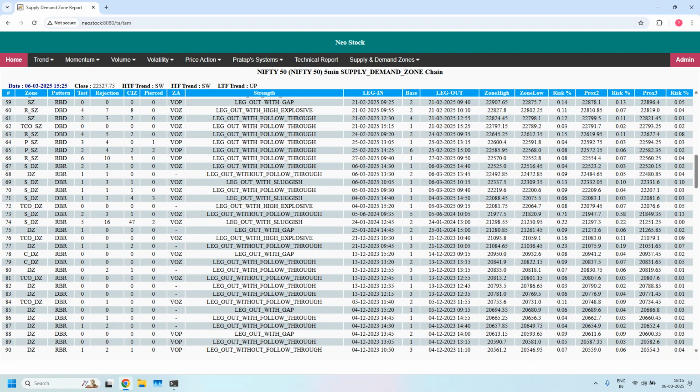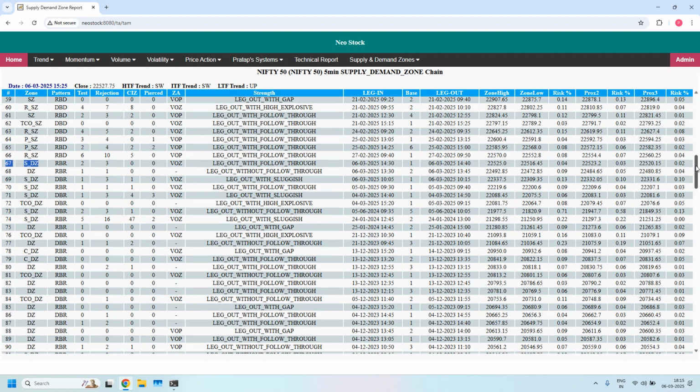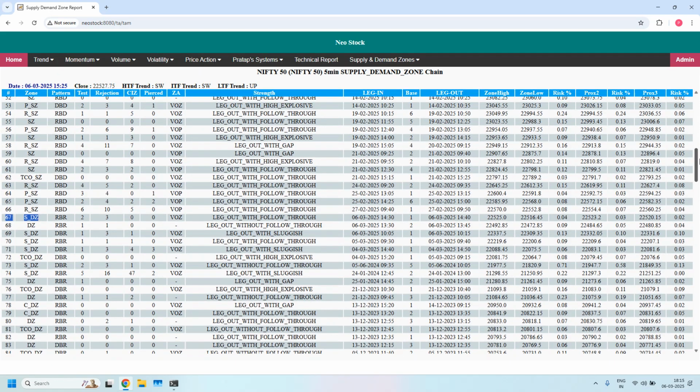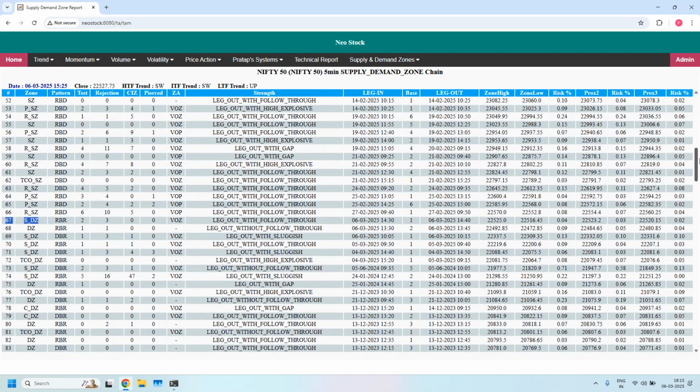Here, serial number 67 is the nearest demand zone to the current closing price. I'm adjusting so that we can keep it in the center. So this is Nifty 5-minute supply demand zone chain. So this is about Nifty supply demand zone chain.